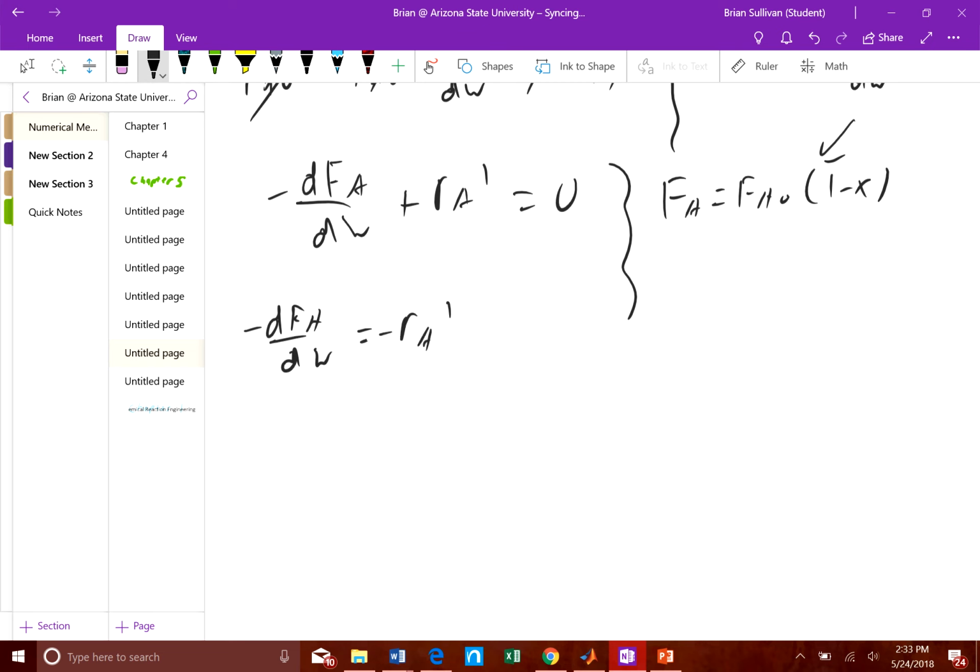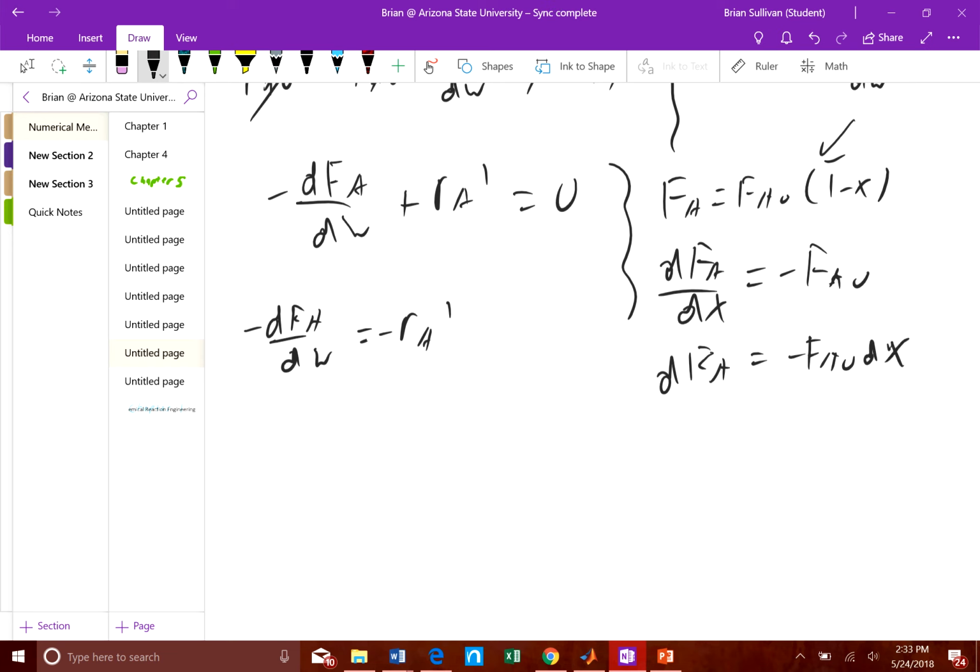Now one more thing: take the derivative of the function above with respect to X. That's going to give you negative FA0. So dFA is going to be equal to negative FA0 dX. Then FA0 dX over dW is equal to negative RA prime.